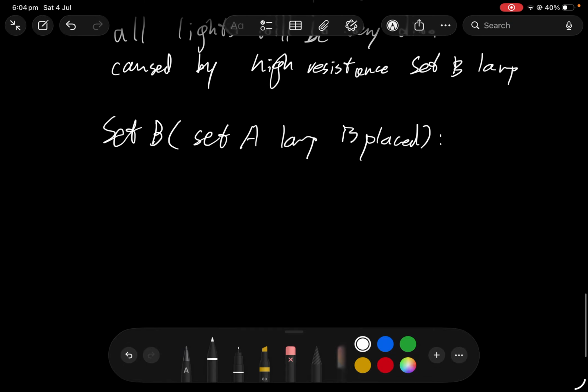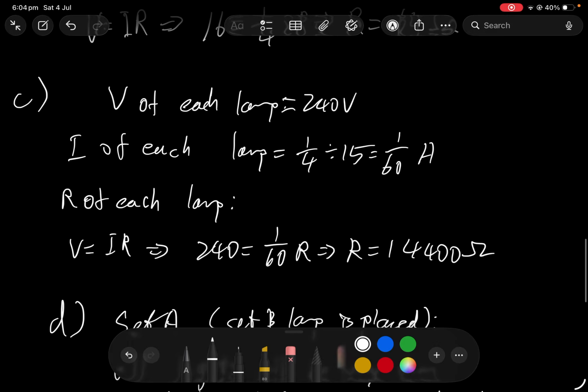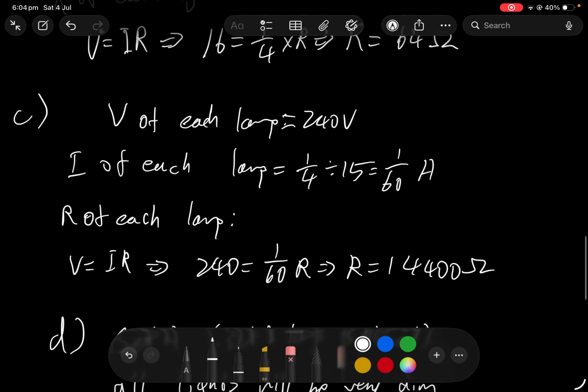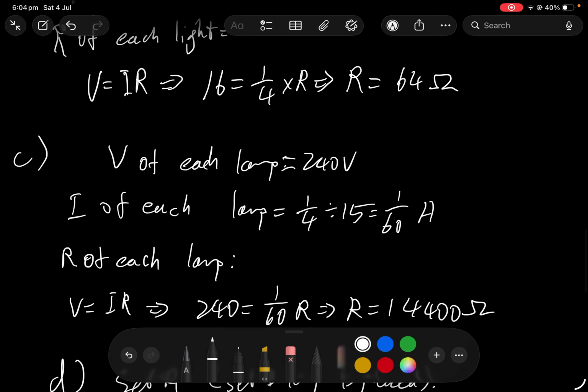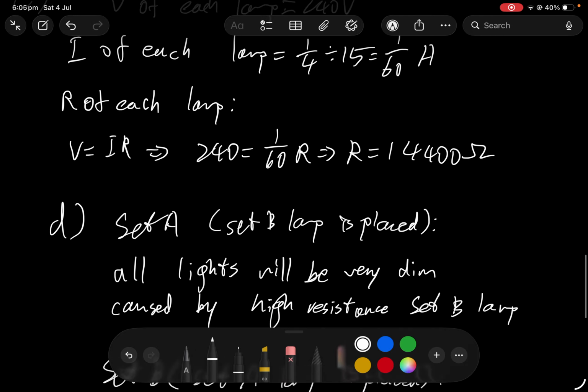And now we do set B, which is where the set A lamp is placed. Okay, now see what happens there. So all the resistances are that high because the voltage is really high. When you put in a light of low resistance and pass 240 volts through it, it's going to create lots of heat, and it's probably not going to work.